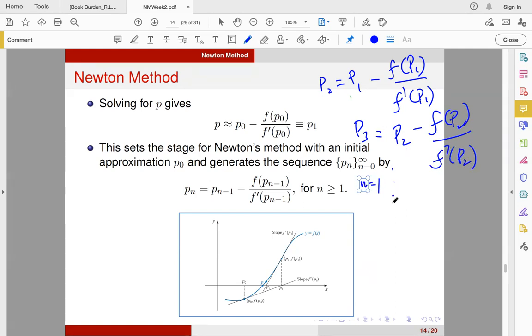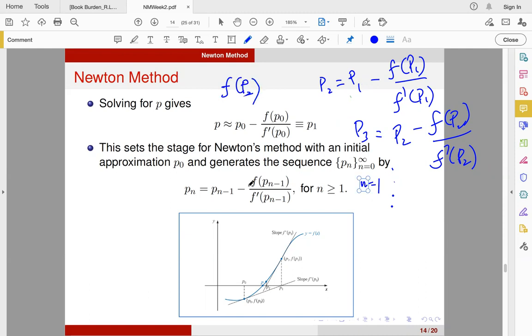And then so on, the process goes on. Of course, you need to check each step what the value of f(p2) is, before you continue from step 2 to step 3.